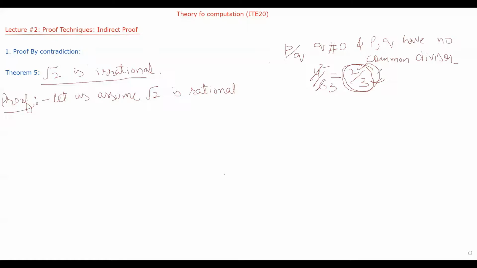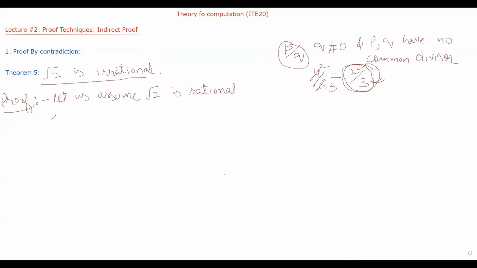Okay, there are some more additions to this definition, but let's take the simple definition: a rational number is of the format p by q, where q is not equal to 0 and p and q have no common divisor. So here we are assuming under root 2 is rational.